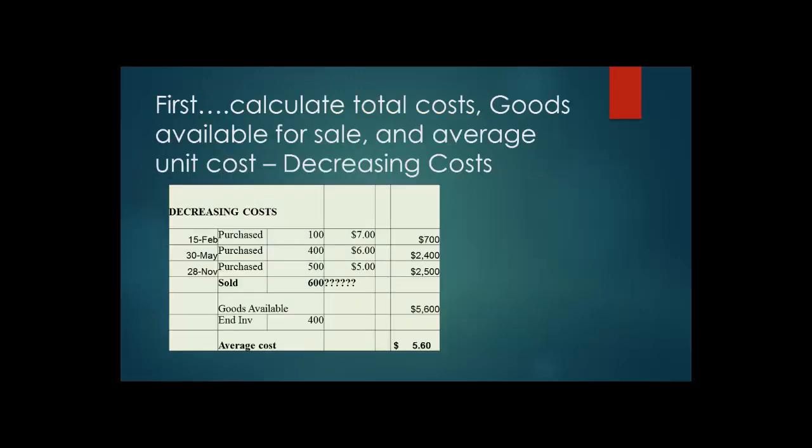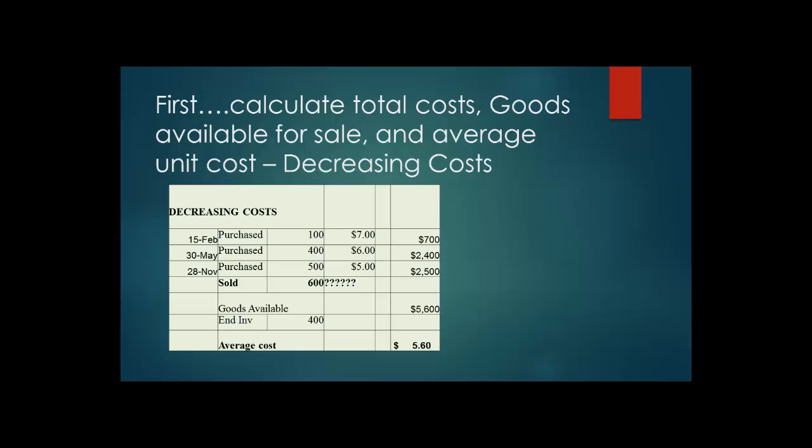Now I'm going to go back to our chart here and say our total costs add up this time to $5,600 because this is a different problem. This is a different situation. Therefore, for the 1,000 units available for sale, the unit average cost was $5.60.